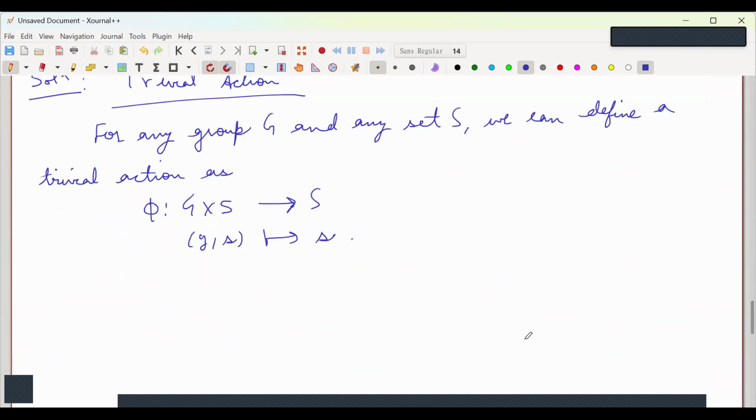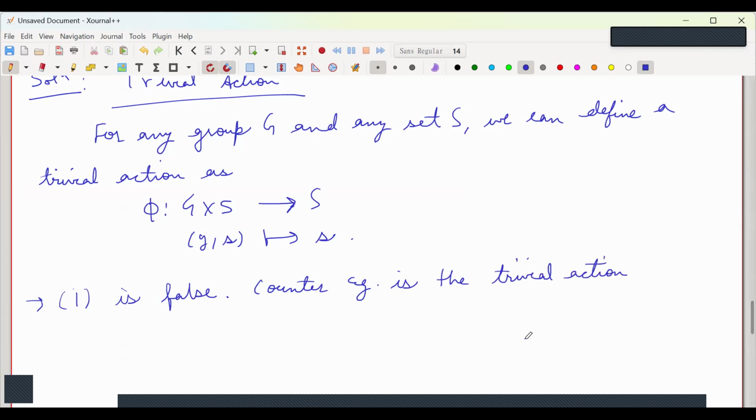So the first is false, and the counterexample is the trivial action of G on any set of odd order.